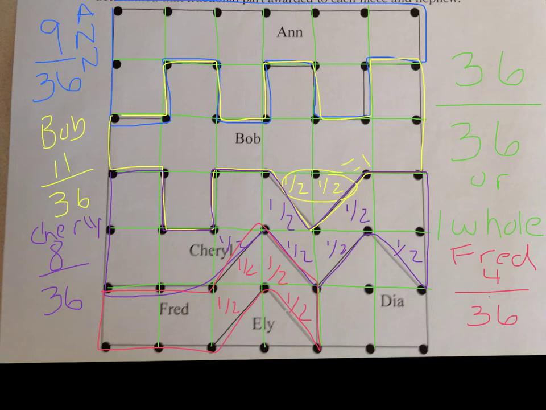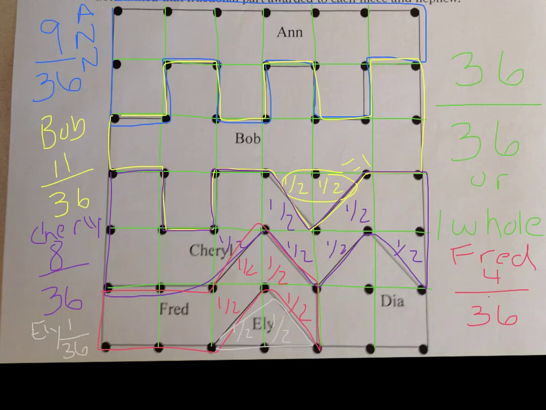We see that Eli hasn't been as fortunate because he was only provided with a smaller portion right down here at the bottom, which are both 2 halves. So we know that 1 plus 1/2 is equal to a whole, so Eli has only 1/36.